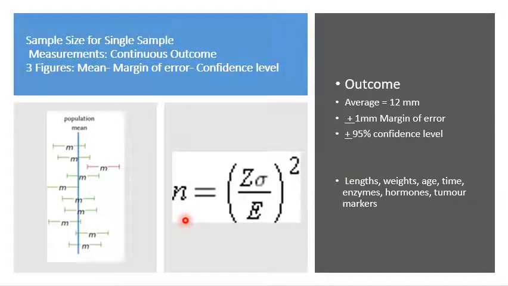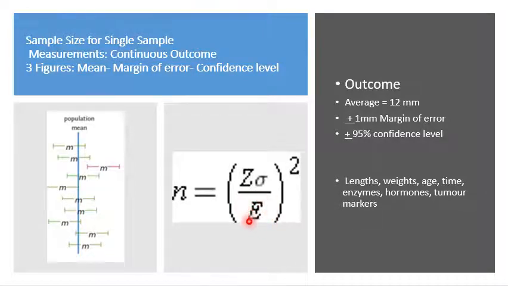Before starting a study on a single group measurement, we want to know the number required, and 3 factors would influence this. The number required, N, is related to the level of confidence that we want in our results, the variability of the measures within the group that we know from previous studies, from the literature, or from pilot studies, because we have not yet started our own study, and the margin of error that we would allow for our measurements.